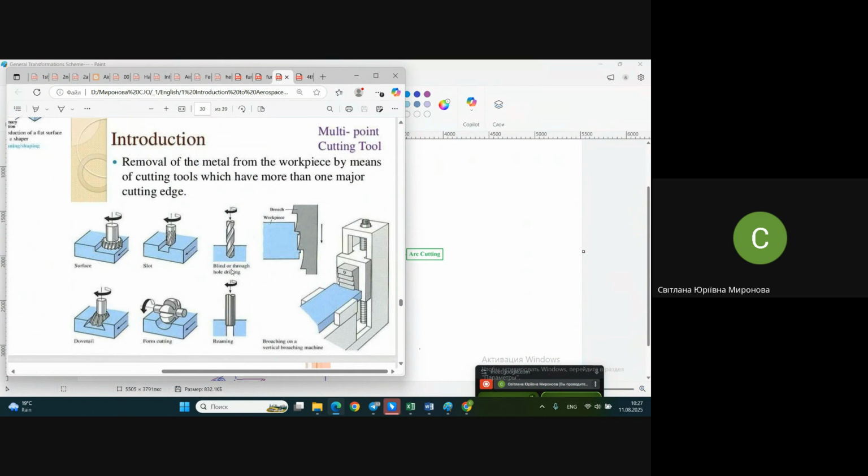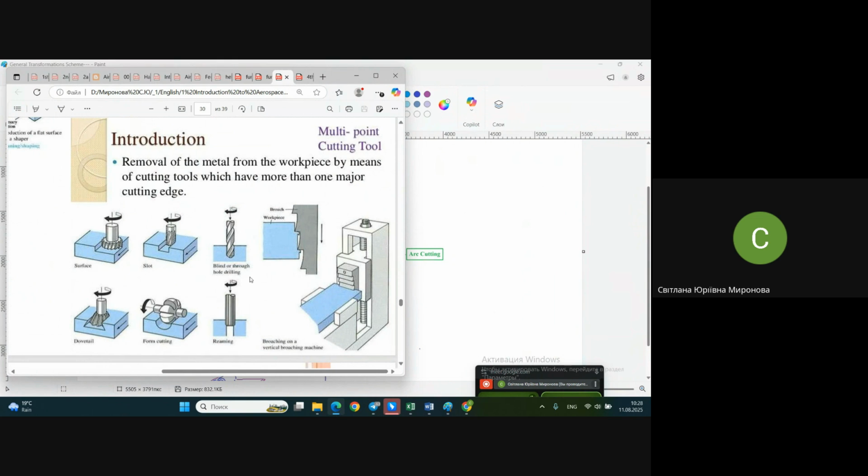One more way is drilling, and after drilling, which has only two blades, a normal drill has two blades at the bottom, we also have countersinking. Countersinking is very similar to the drill tool, but it has more blades, and due to this it's more accurate and able to provide better surface finish, higher accuracy level, and so on.